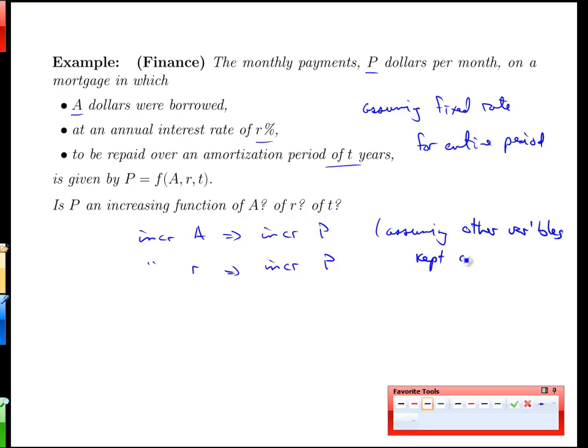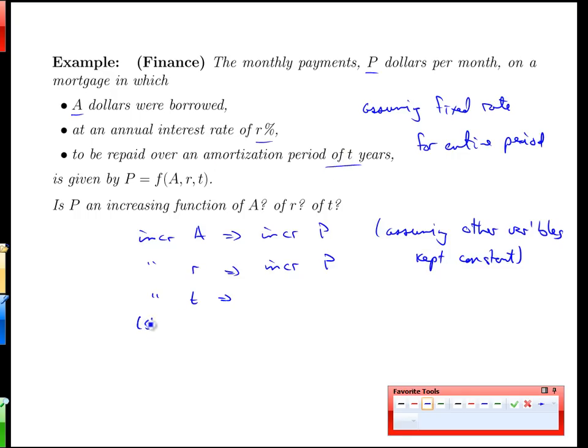That's important because, as we'll explore in a second, it's possible to trade things off one against the other, but it's not necessarily the increasing or decreasing relationships we talk about. We talk about when the other variables are kept constant and we just change the amount borrowed, or just change the interest rate.